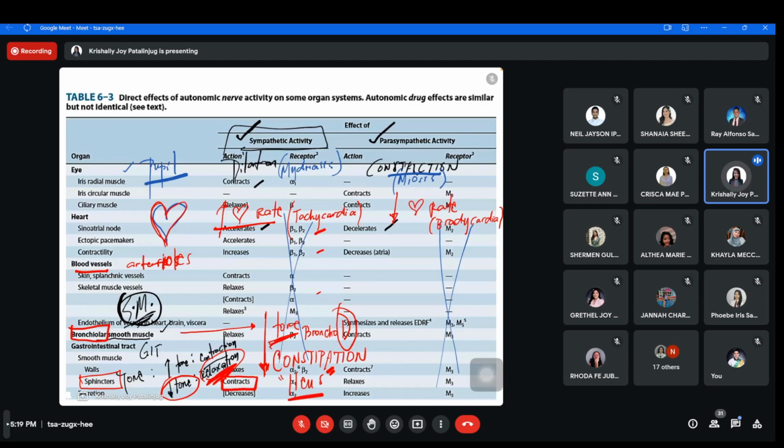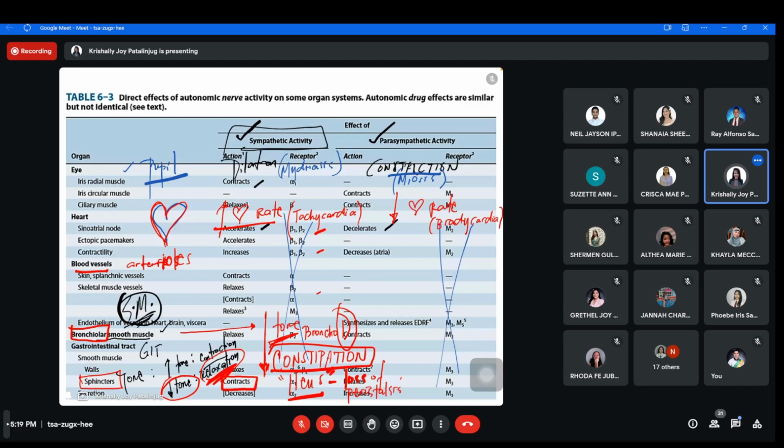There is loss of peristalsis, meaning the wall muscles of the intestine are not active. So there will be retention of contents in the GIT, resulting therefore in constipation.